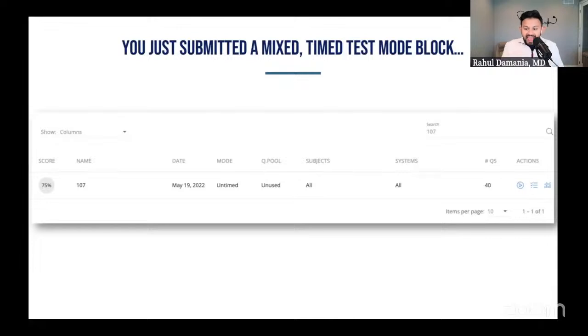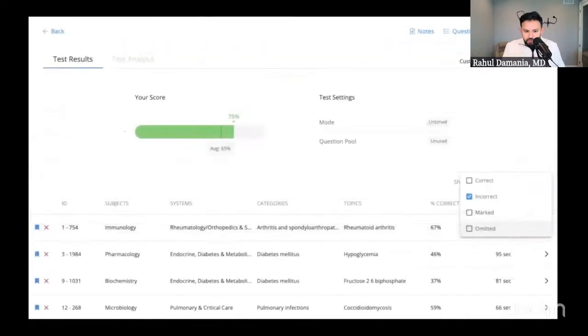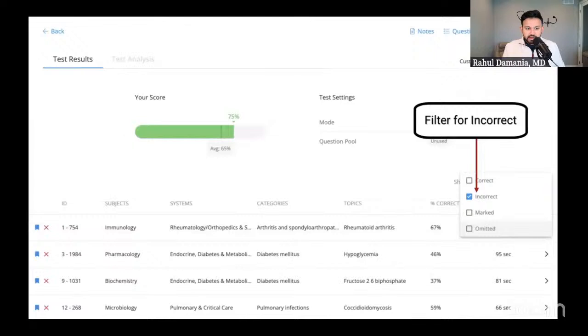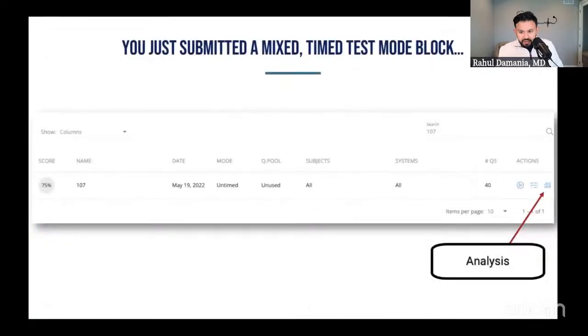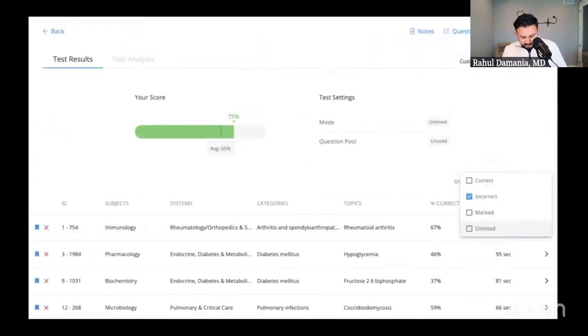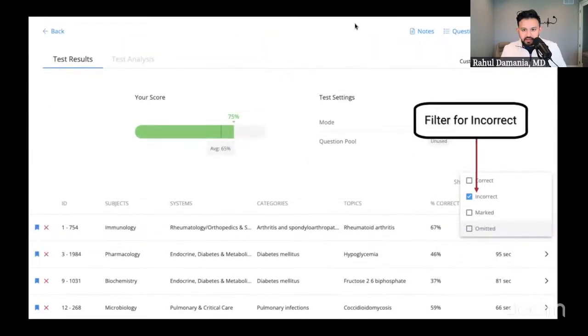So now you're back, and what you're going to click now is the test results or analysis view. Now, the analysis view is then going to give you this. And what you want to do is filter for incorrects. Give me 1 second, I think there is a lag between my computer and that.